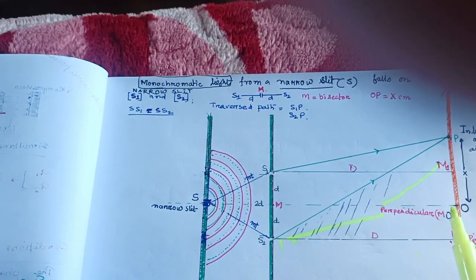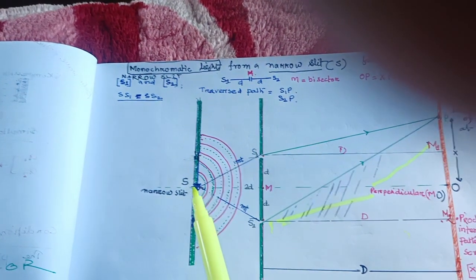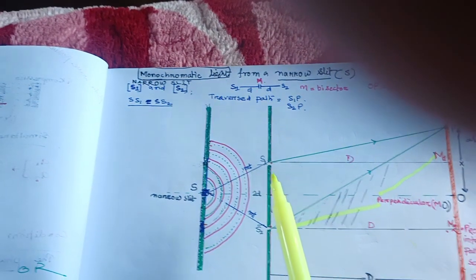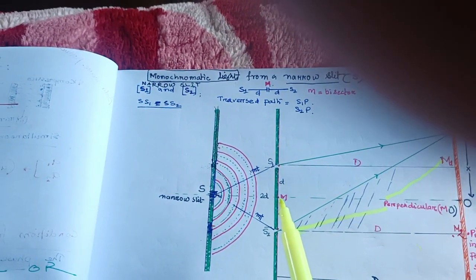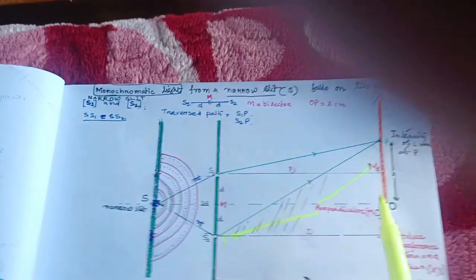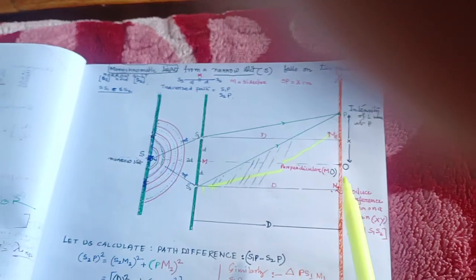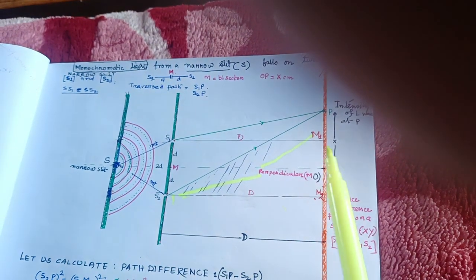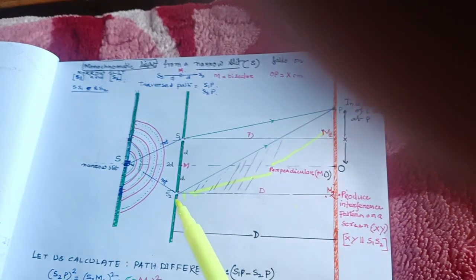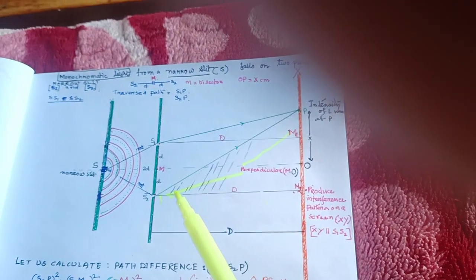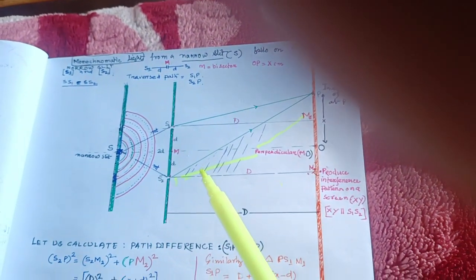These points have been created from this half bisector of S1 and S2 and perpendicular drop on the screen. So you are getting this point M2, P and here S2. It's a right angle triangle, so we can easily apply Pythagoras theorem and we can get this.